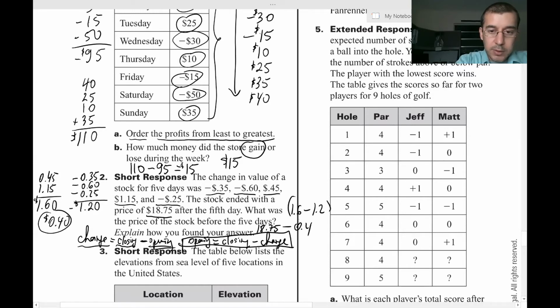Okay, that's how we got 0.4. So 18.75 minus 0.4, the opening price would be $18.35.